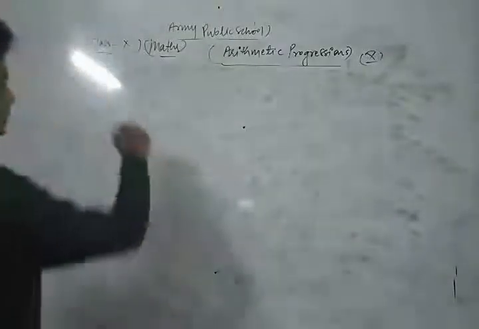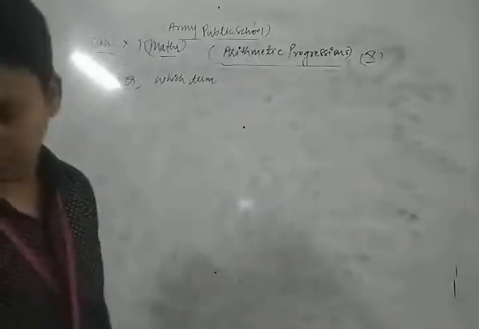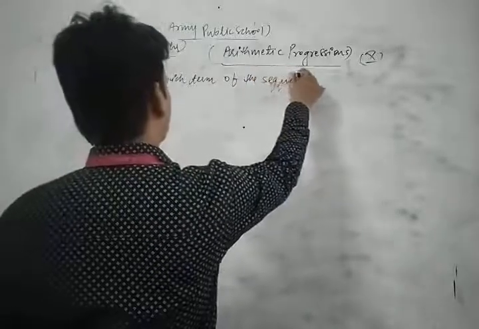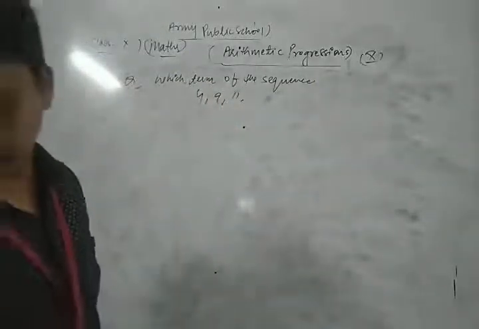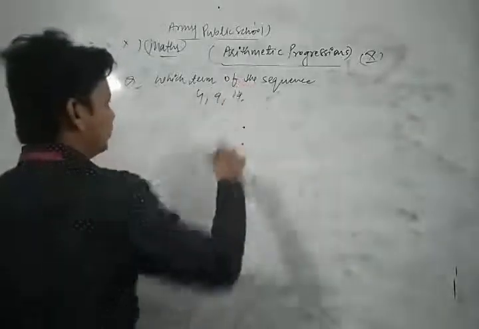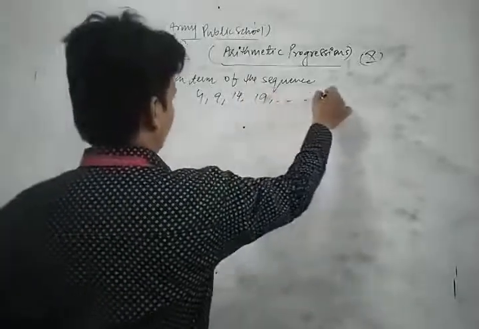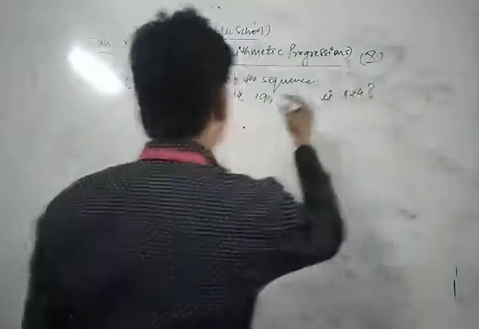Which term of the sequence 4, 9, 14, 19 and so on is 124? Now let's see its solution.